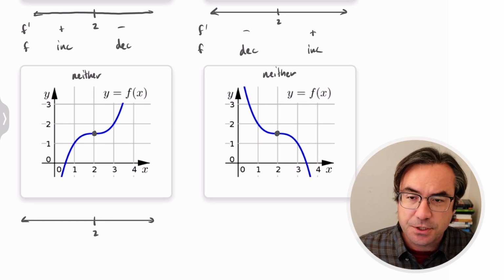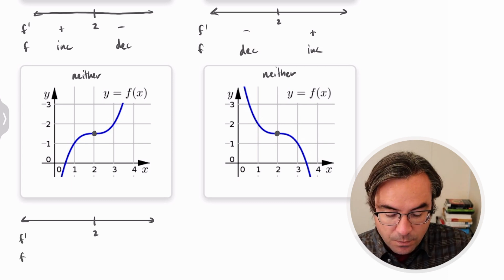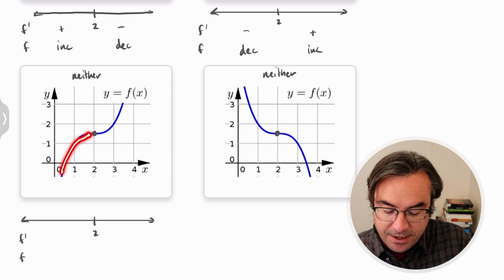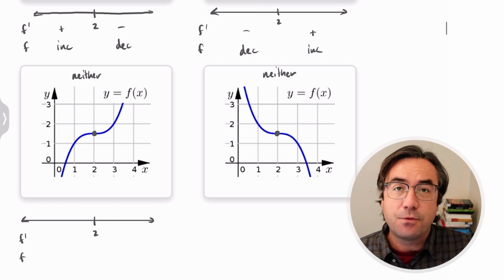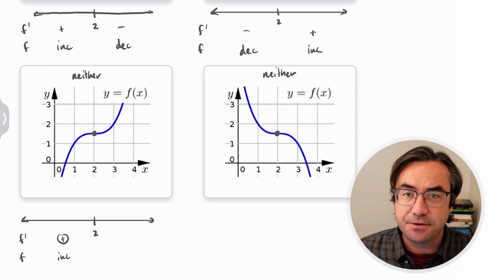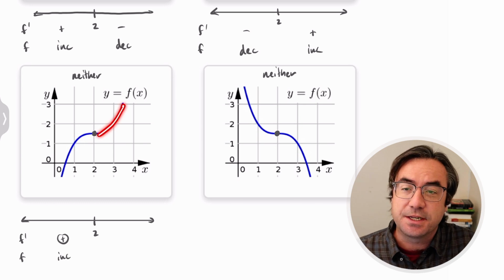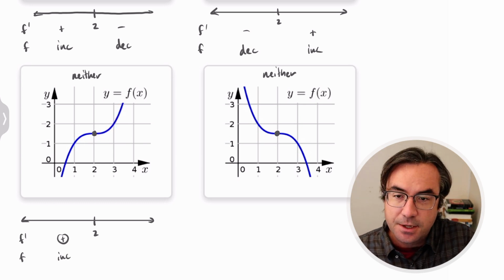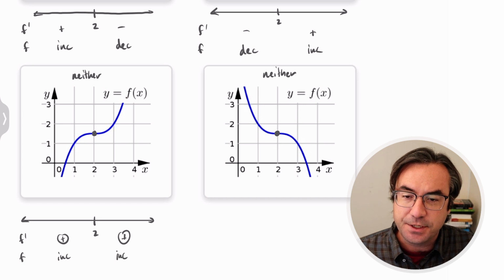So x equals 2 is our critical number on this graph. And if we were doing our sign chart, well, on the left-hand side, our function's increasing. So that means f is increasing and f prime is positive. And then on the other side, our function's still increasing, so it's still going up. So on the other side, it would be positive and increasing.